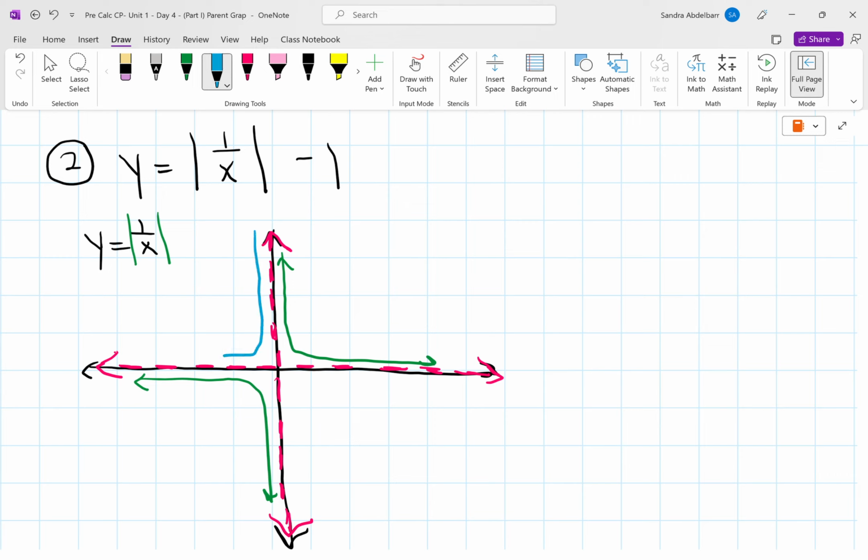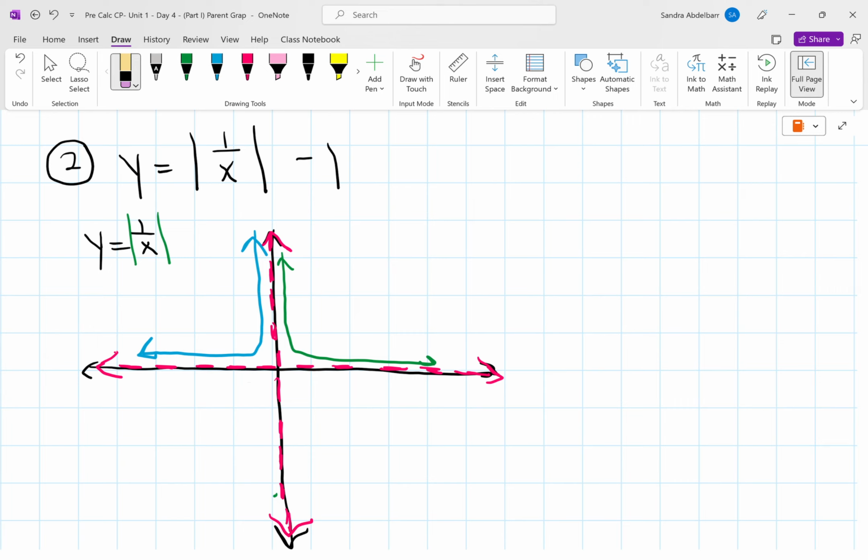That's what we're going to do. So now this is going to be like that. No more of this. All right, I'm not done. Now we've taken the absolute value of 1 over x.